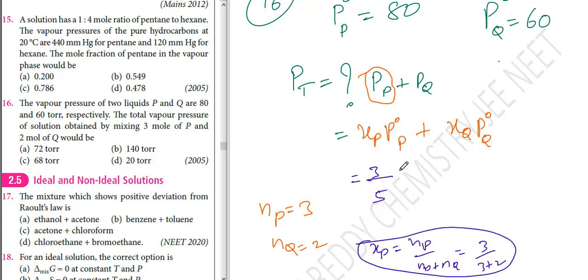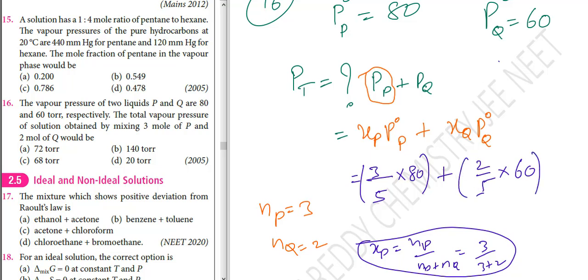So 3 by 5 into P naught P, 80, plus XQ, which is 2 by 5, into P naught Q, 60.